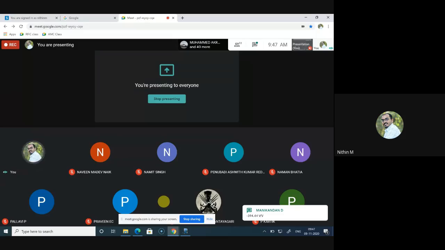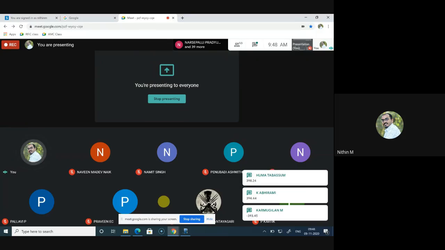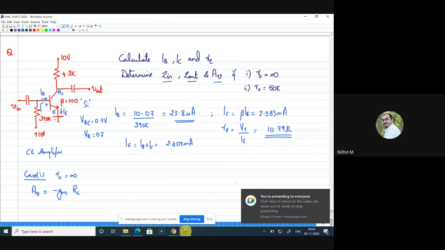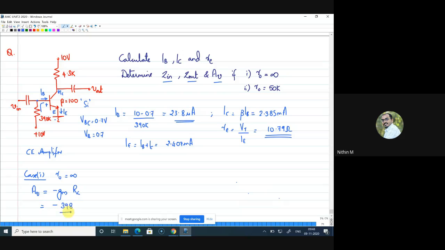Okay, that is more accurate. I think I am getting around 398. Yeah, 398.33 something. So your voltage gain is equal to minus 398. That is okay. If you are getting 395 onwards, that should be fine, because that depends on the decimal points you take for your currents, right? So this is voltage gain.